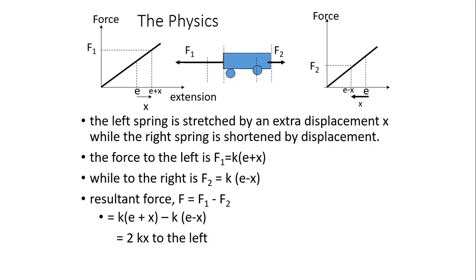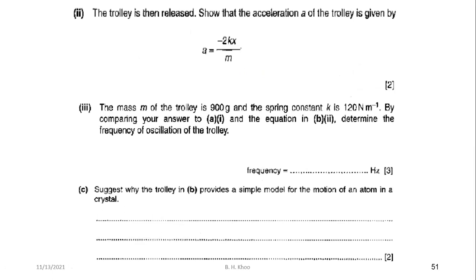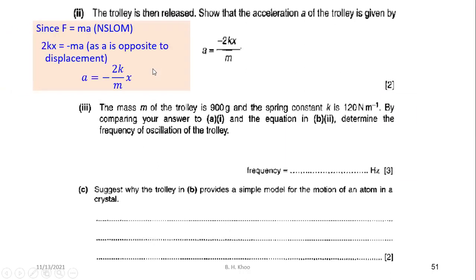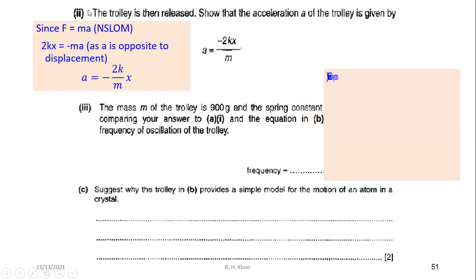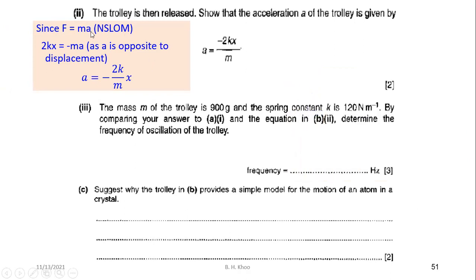Okay. Any comment? Okay, the trolley is then released. Show that the acceleration a of the trolley is given by the equation. Resultant force, that's Newton's second law, equals ma.